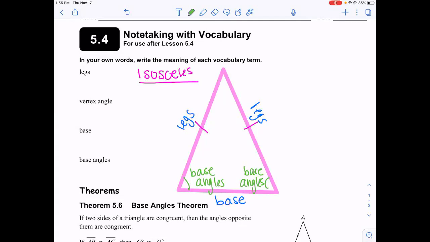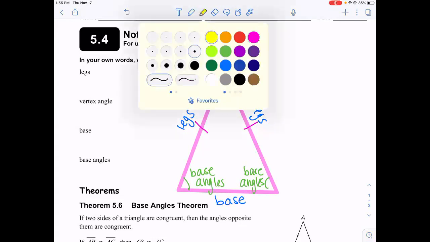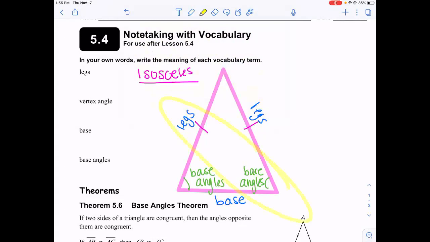The angles across from the two congruent sides are congruent. So do you see how these are across from each other? So across from the sides, we're going to get our two base angles, and those angles are congruent.